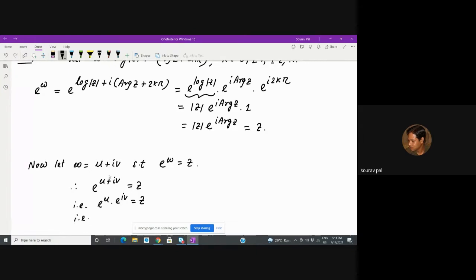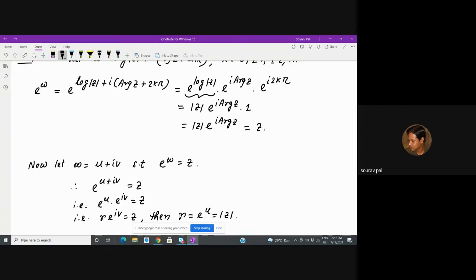If I write it as r e to the iv equal to z, then this r is precisely e to the u, which is equal to mod z.